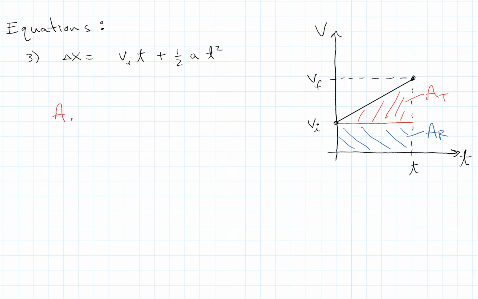We know that the area of that triangle is 1/2 times the base, which is t, times the height. And what is the height? It's v final minus v initial. This height right here. We know that the area of the rectangle is the base times the height, and we're going to add these up.